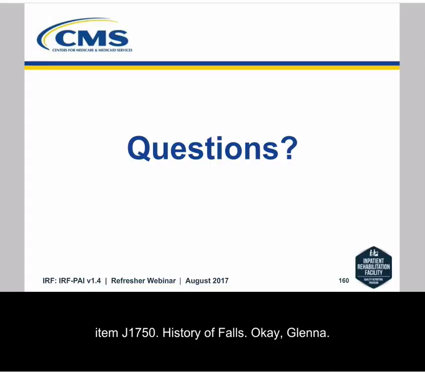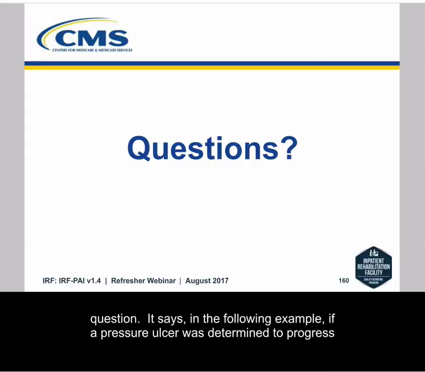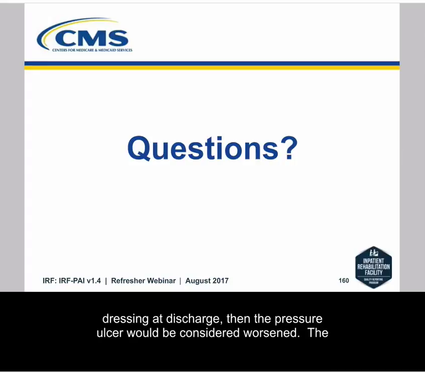Okay, thank you. We have another question here, similar in that it's a scenario and then a question. So it says, in the following example, if a pressure ulcer was determined to progress from a stage 2 to a stage 3 pressure ulcer prior to the placement of a non-removable dressing at discharge, then the pressure ulcer would be considered worsened.